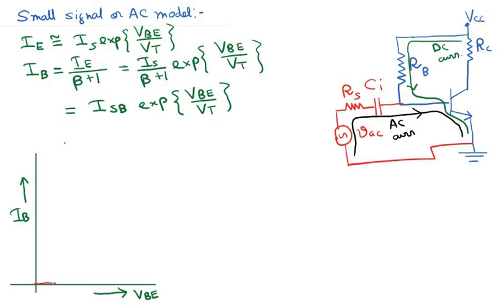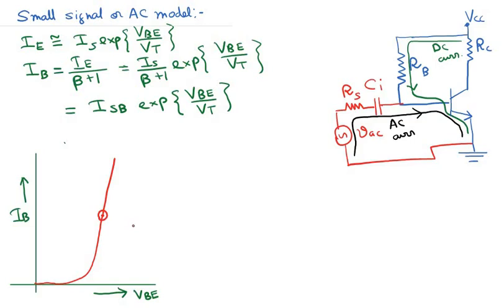So this is the graph of our base current versus base to emitter voltage. Now let us assume that the DC biasing has put the DC operating point at the base to emitter junction here.